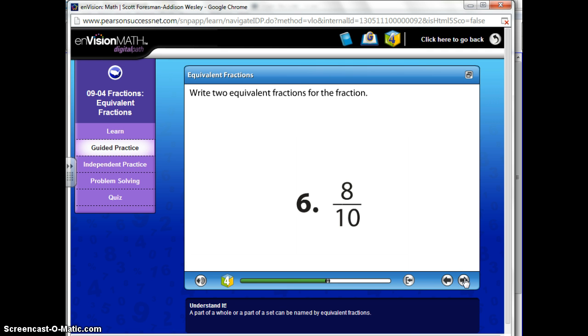All right, same thing. New fraction. Again, you cannot multiply. You can only divide this time to find an equal fraction. What's a number you can divide both of those by? Other than 1.